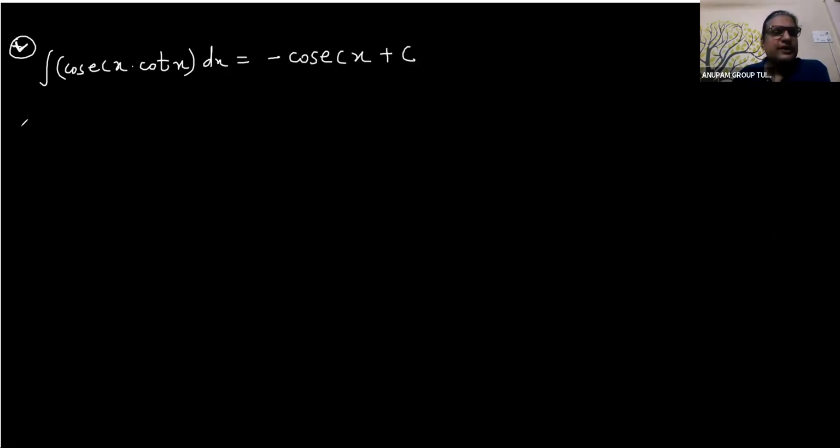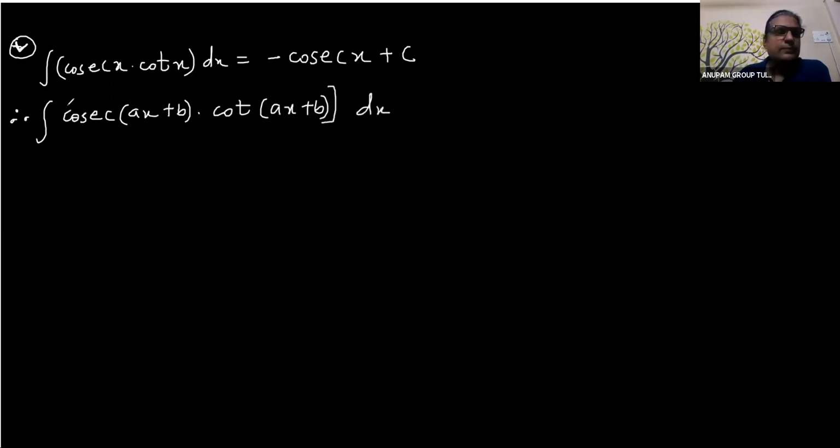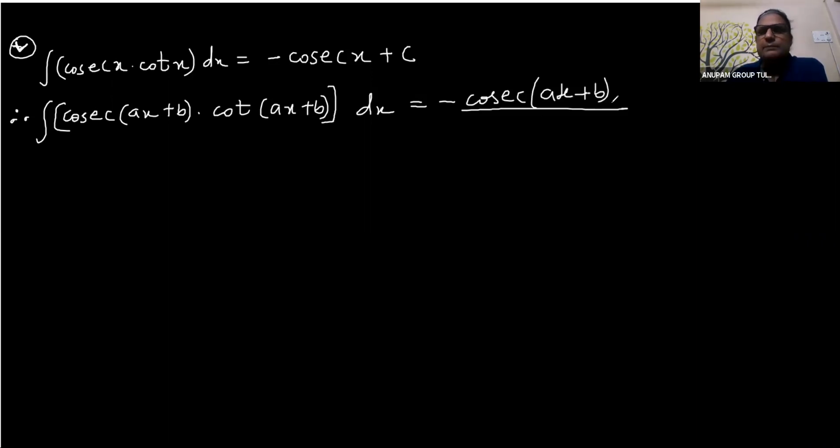So using the theorem, I can write here cosec ax plus b into cot ax plus b dx is minus cosec ax plus b, the whole thing divided by a plus c.